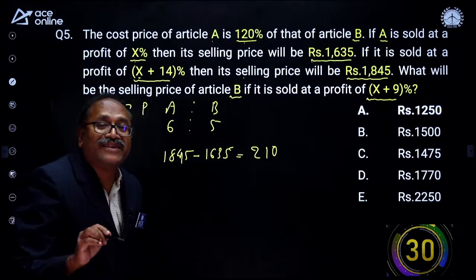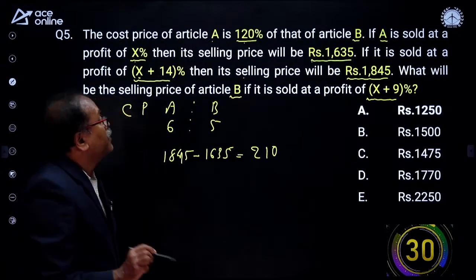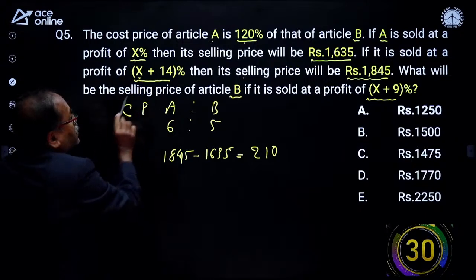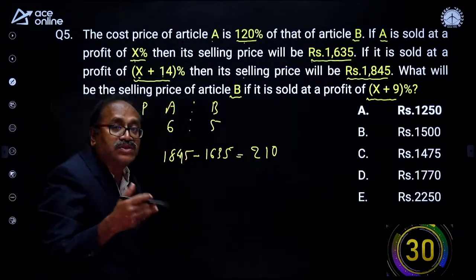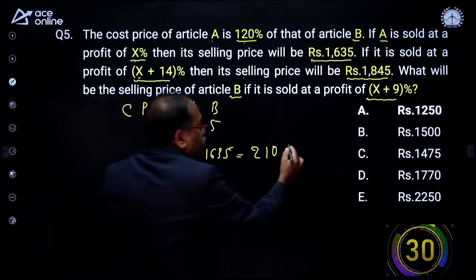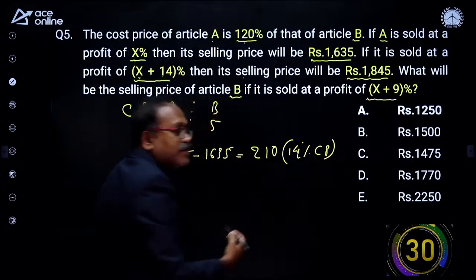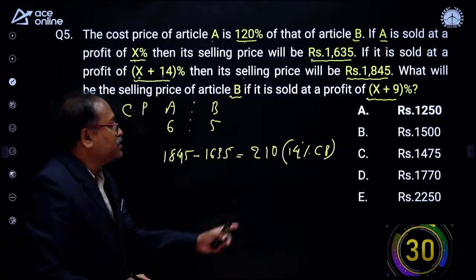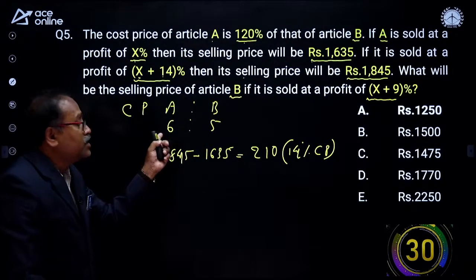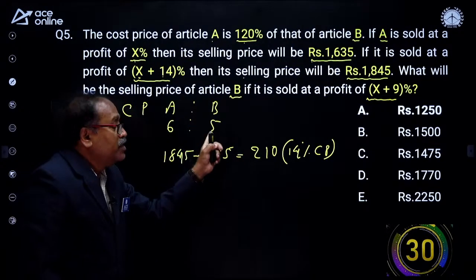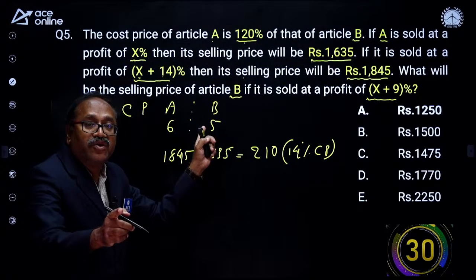This 210 represents what percentage of the cost price of A? Here it is X% profit, here 14% extra, and the selling price is 210 extra. So this is 14% of CP. Once you get the 14% of the CP, can you get the 100%? Yes. And once you get the CP of A, will you get the CP of B? Yes, the ratio is given. I can get the CP of B.